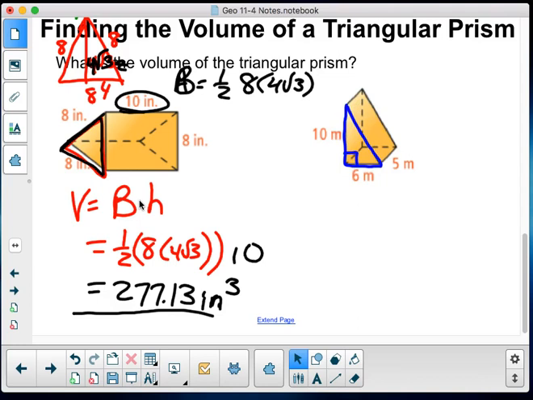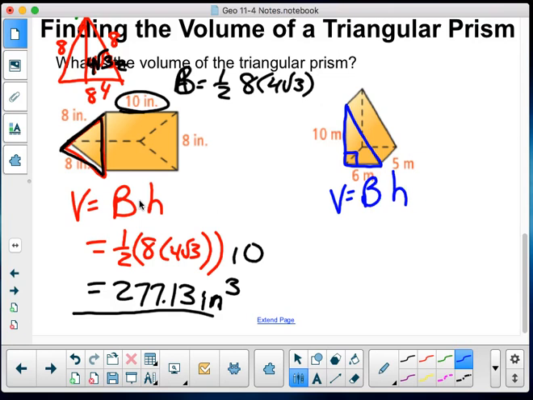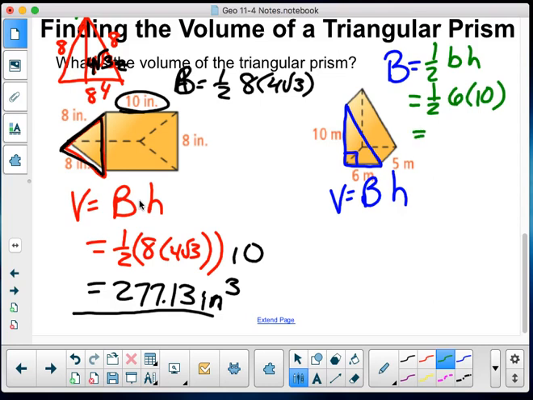So it's your turn. You're still doing volume equals big B times H, and you determine big B. Go, turn me off and find it. Okay, welcome back. Your base area is 1/2 base times height. And your base and height are perpendicular to each other, 6 times 10. That's half of 60, which is 30.